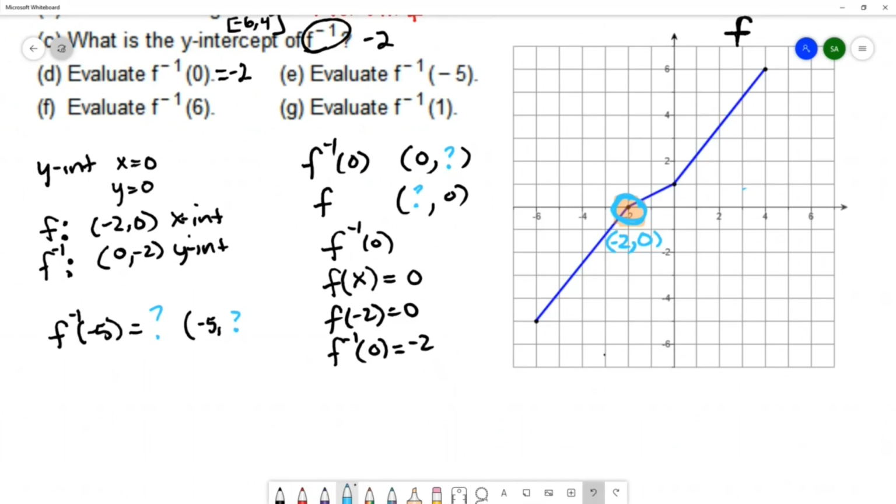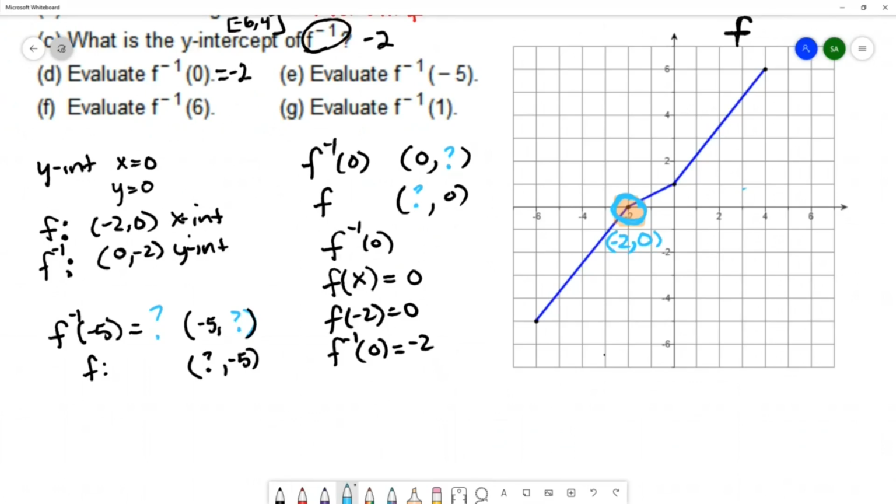Let's leave it as a question mark. Now with f and its inverse, the x's and y's get switched. So with f, we'll have a question mark on the x part, but we'll know the y part to be negative 5. So on my graph of f here, I'm looking for a y value of negative 5.